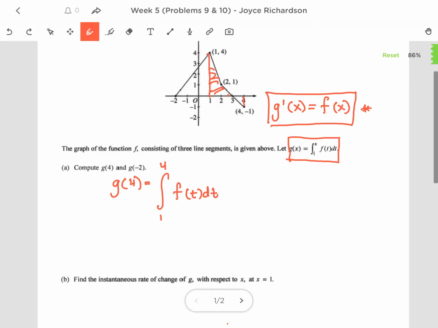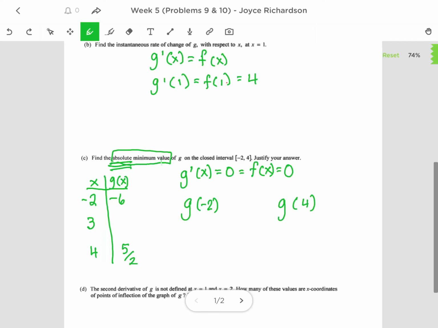Oh, wait, isn't that what they just told me to get in A? Yes, yes it is. So I have that this is -6, this is 5 halves. So I better go and figure out, is 3, so I need g of 3. So if I do g of 3, that's the integral from 1 to 3 of f of t dt, okay?